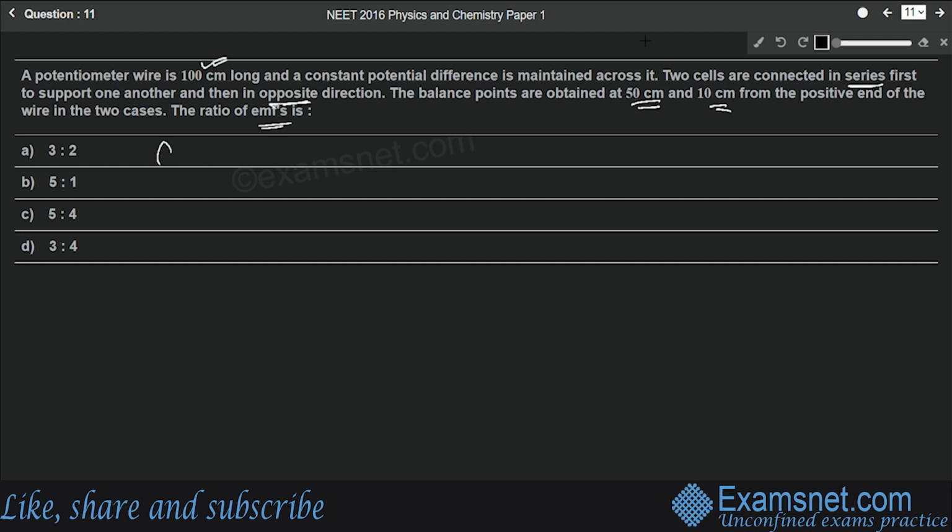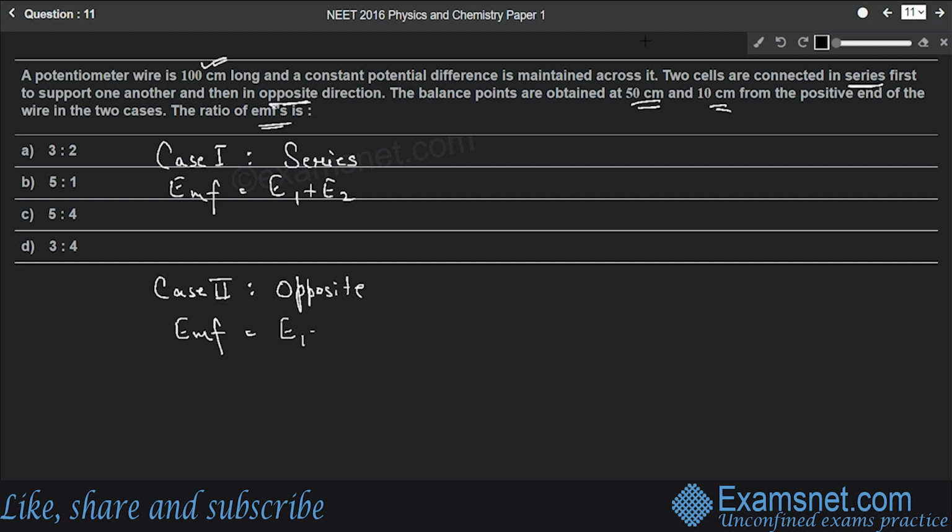So two cases are mentioned here. In case 1, the cells are connected in series, so the resultant EMF here will be equal to E1 plus E2. And in the second case, the cells are opposite to each other, so in this case the resultant EMF will be E1 minus E2.